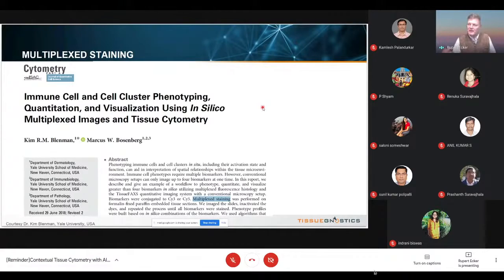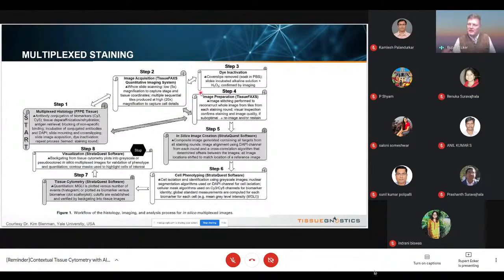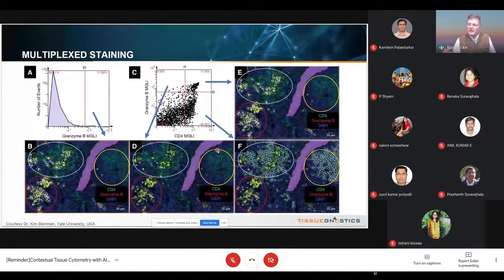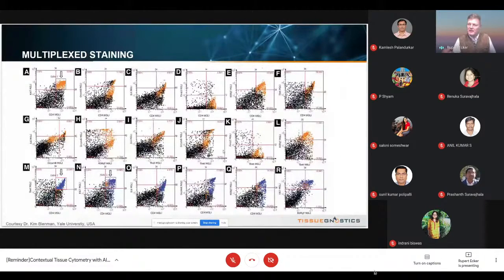In this publication from Yale University, this process has been described using our TissueFAXS platform and StrataQuest software for this registration and cross-correlation, and then obtaining a very detailed analysis on the single cell level.